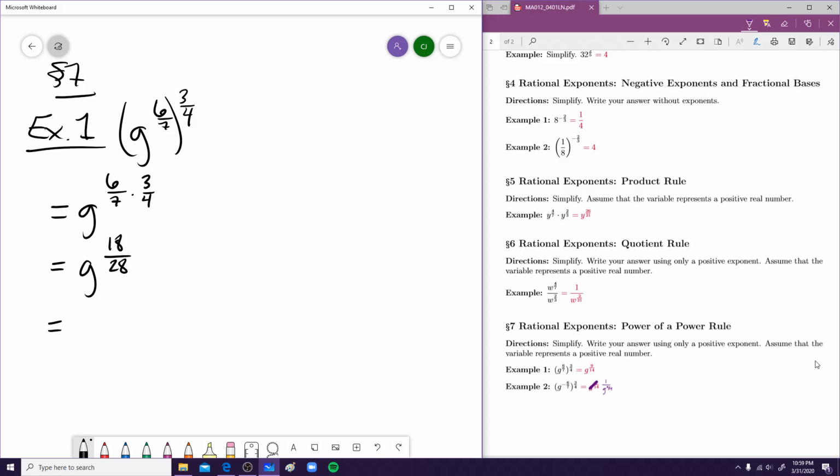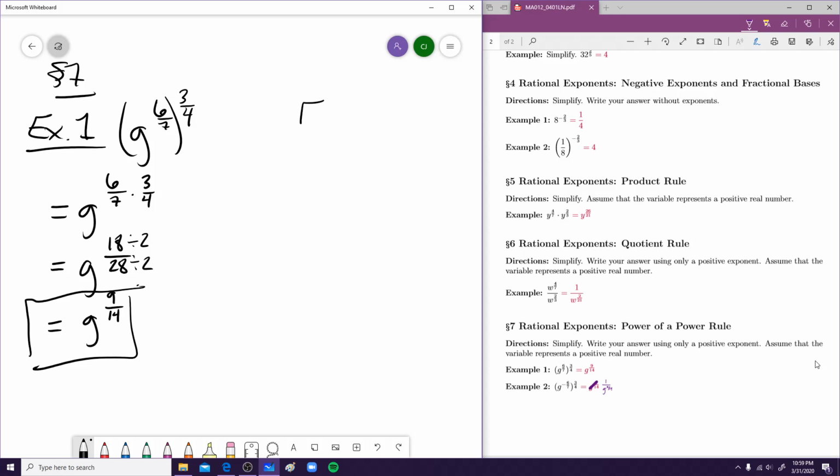Since they're both even, they're both divisible by 2, so I can reduce this. Divide top and bottom by 2. What do I get? This is 9/14. And this is as reduced as possible, and the exponent is positive, so this is our answer.